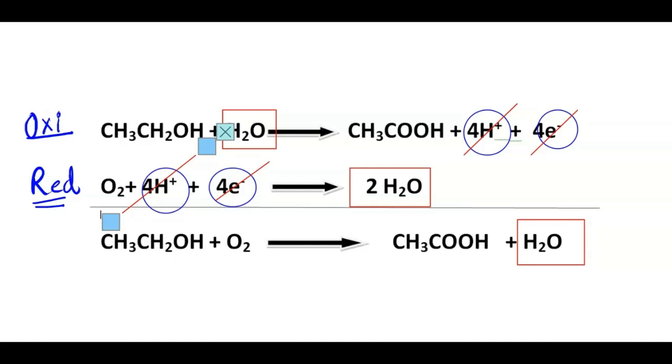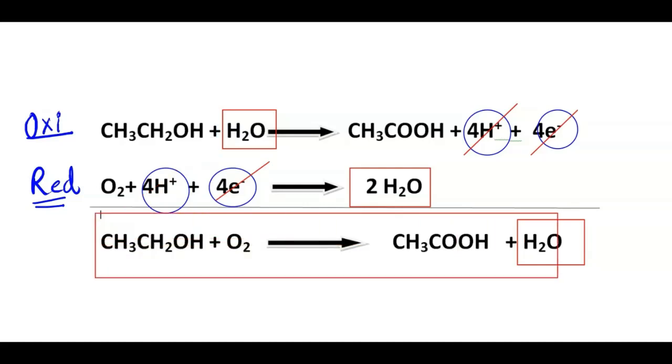So this is our balanced equation which we get after adding them together, ethanol to ethanoic acid, in which 4 electrons are used. I hope you understand this equation. Thank you very much.